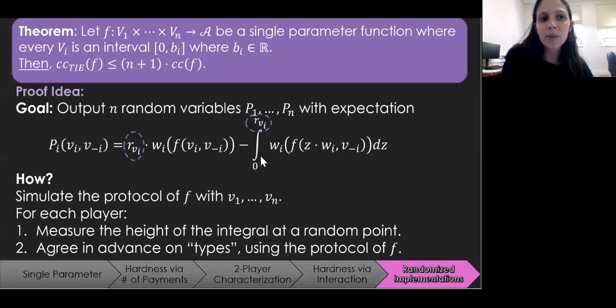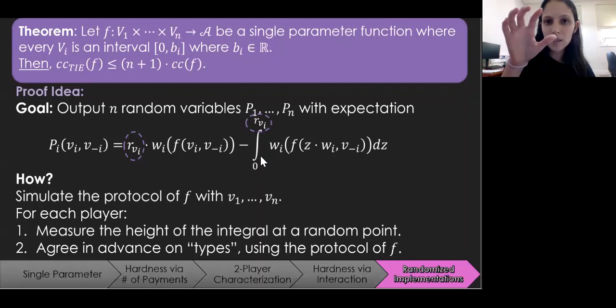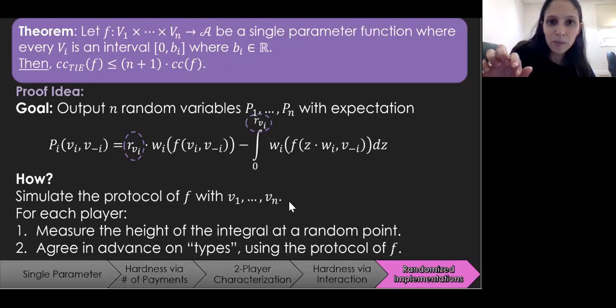What we did is we looked at each protocol, which is basically a binary tree. So you look at the leaf that v1 to vn reaches. And then you agree in advance on types for each leaf for all the players, one possible type that will reach these leaves.